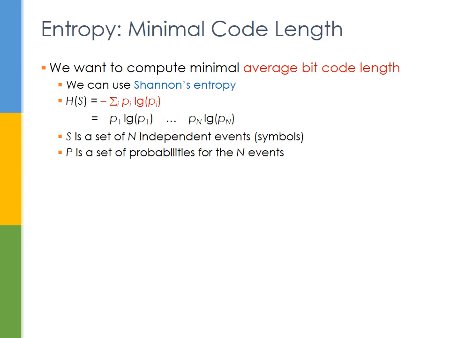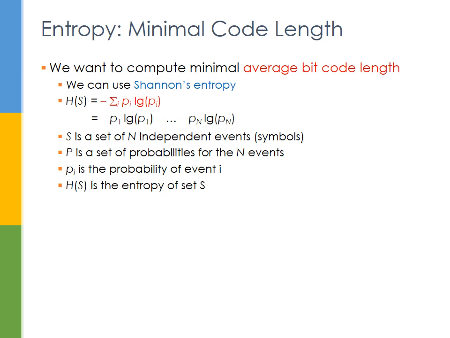So we have a probability for each of the events, meaning that P contains the same number of values as the set S. Pi in this context represents the probability of event i. So we can see that the entropy is computed by means of a series summation, and we perform the summation over all of these Pi values, meaning the probabilities for each of the n independent symbols that we will be encoding.